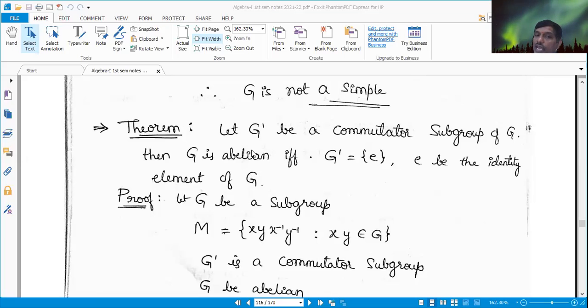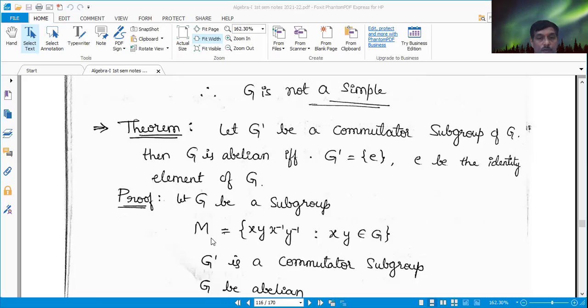What is abelian? AB is equal to BA. If these two conditions hold, then G dash must be the identity element alone. That is, if G is abelian, then G dash must be trivial.